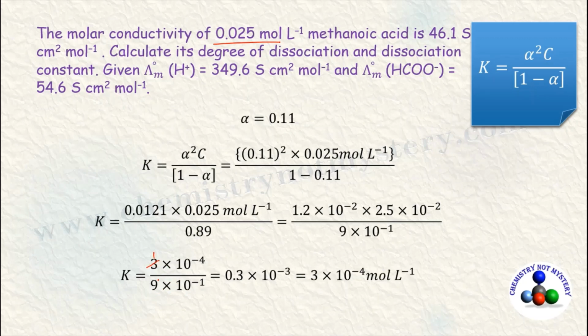So 3 ones are 3, 3 threes are 9. Now when you solve it, you will get 0.3 into 10 raised to minus 3. Now shift the decimal point to the right side. So here you will get 3 into 10 raised to minus 4 mole per liter. It is the value of dissociation constant. So here we have calculated degree of dissociation and dissociation constant.